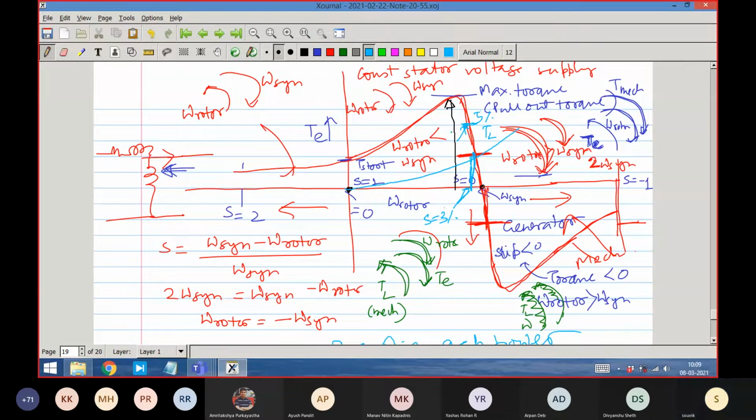However, if I require this much torque, then I will choose such a machine that produces this much torque. Let us say double torque. Let us say this torque is TL, this torque is 2TL. That will produce double torque, but that double torque 2TL at a slip of again 3%.